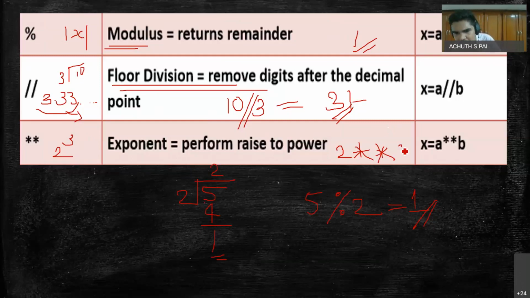Use 2 of them and write 3. So what you get is 2 raised to 3. Similarly, when you type 5 star star 3, the output is 5 raised to 3. Simple. So we have learned arithmetic operators.